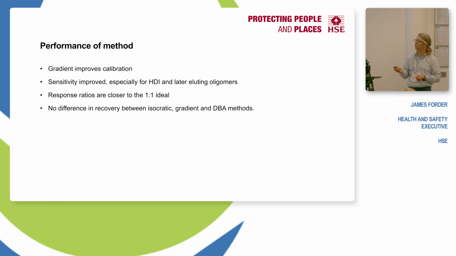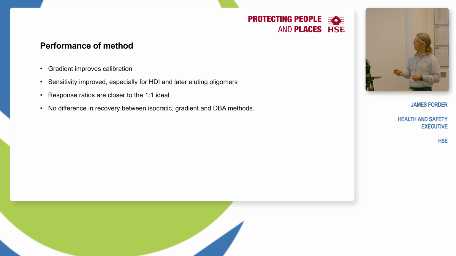Well, that's nearly a 200% range, so it's not very precise. It sounds quite close when you talk in ratios, but in reality that's a 200% range, so it's not very realistic. So, using the gradient method, they're a lot closer to the theoretical 1-to-1.